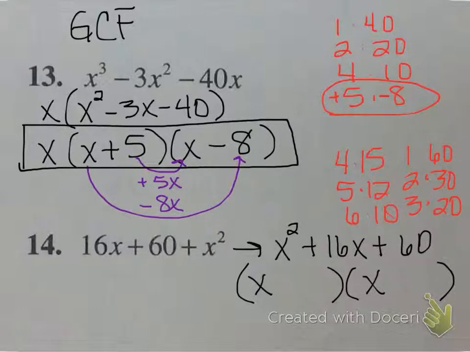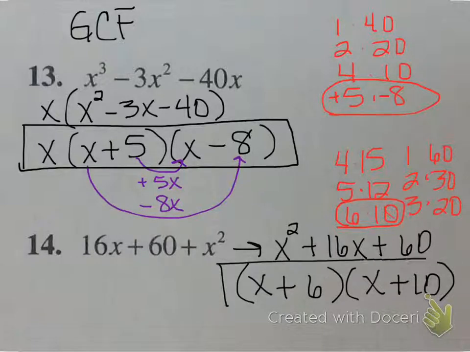I believe that's all of our possible pairs. So how can I possibly get 16? Well, if I use the 6 and the 10. So let's put in a positive 6 and a positive 10, and that should be our final answer. If you do a mental check of your outers, my outers would give me 10x, my inners would give me 6x. We are good. X plus 6 times x plus 10.